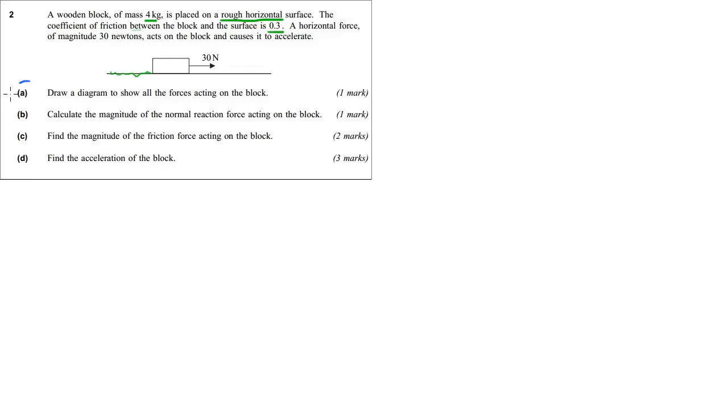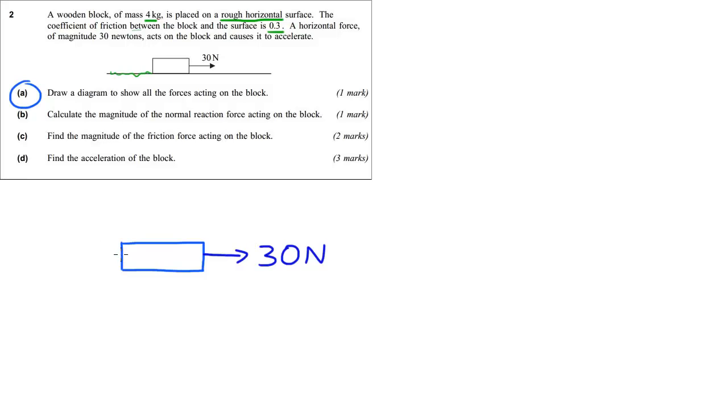So the first question, A, let's draw a diagram. You can draw a dot with arrows coming out of it, or you can draw the block itself. So I'm going to draw that block like this, and then let's put on the first thing that we know. The first thing is what's already been pointed out to us, which is this 30 Newton force like that.